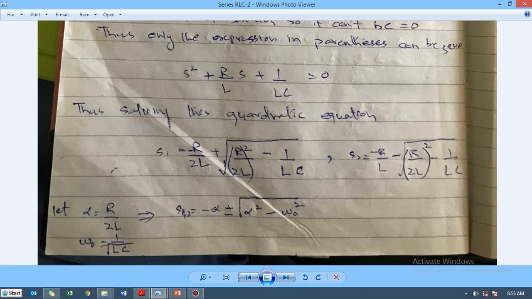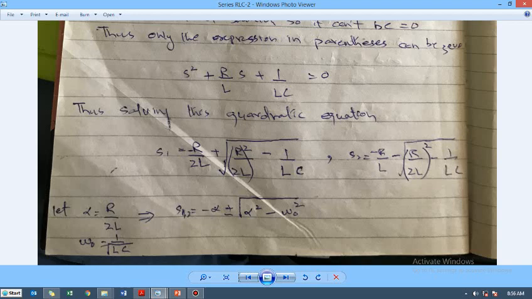If omega is less than alpha, it will become minus alpha plus minus a positive number in the root, and a positive number that is less than alpha. So the two roots S1 and S2 are going to be negative, right? And they will be real, because there's no iota here.